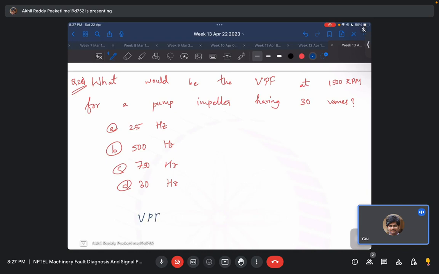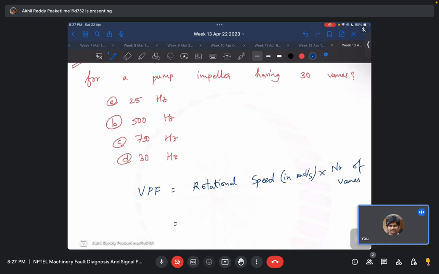Vane pass frequency is equal to the rotational speed in rotations per second into the number of vanes.